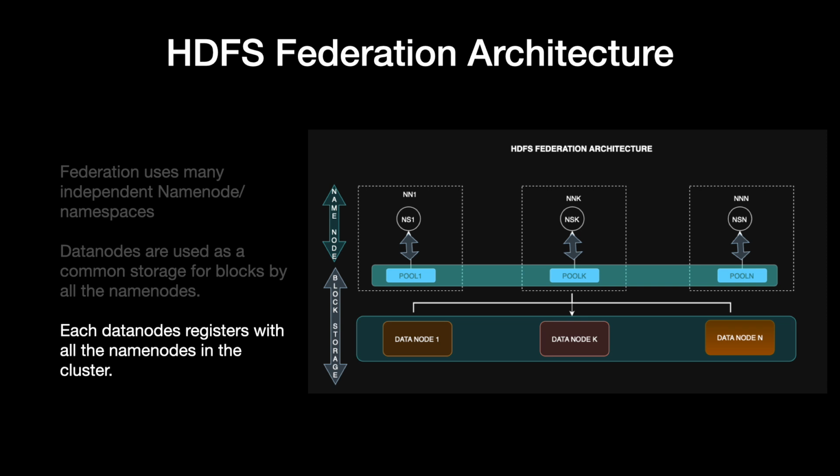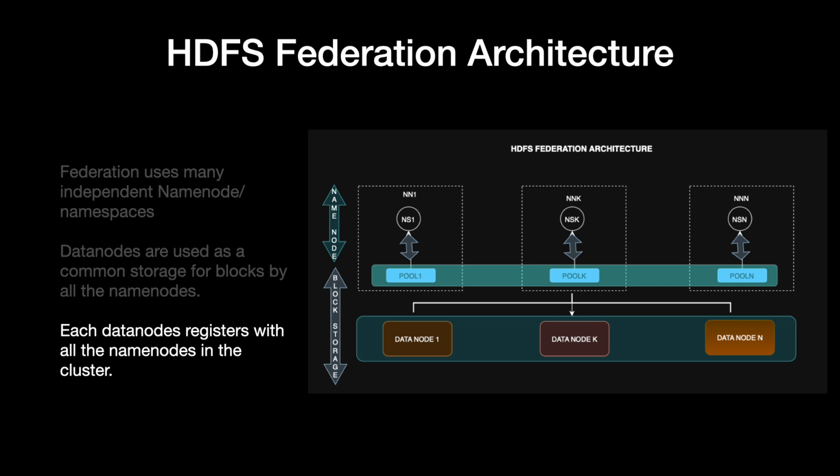Many name nodes, as in this architecture NN1, NN2, NNK and so on, manage many namespaces respectively, like NS1, NS2, NSK and so on.